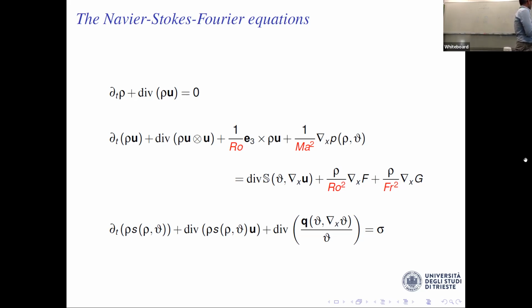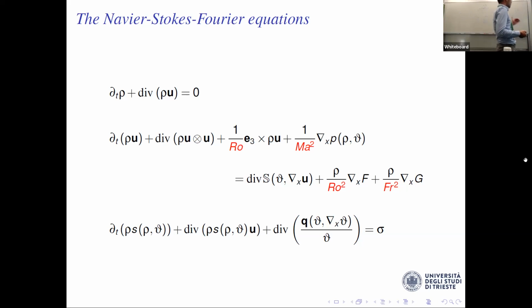Since we are on large scale, we have this scaling in front of the Coriolis force, that is 1 over Rossby, where Rossby is the dimensionless number linked to the importance of the rotation. Here we have 1 over Rossby to the power 2 because these are the centrifugal effects. In front of the pressure term, we have 1 over Mach number to the power 2, where the Mach number measures the deviation of our fluid from an incompressible flow.